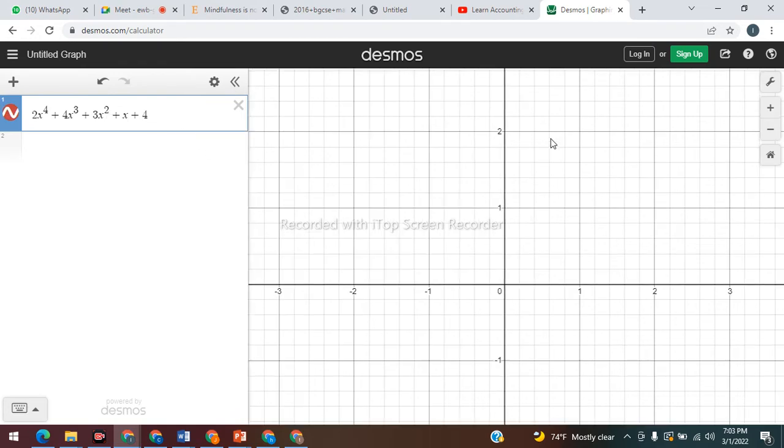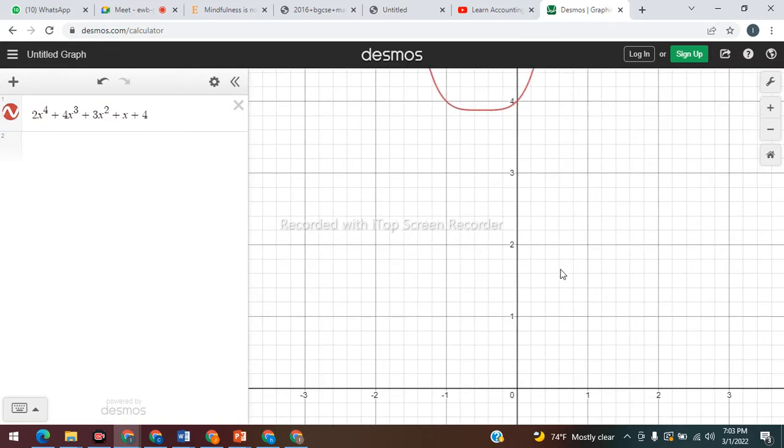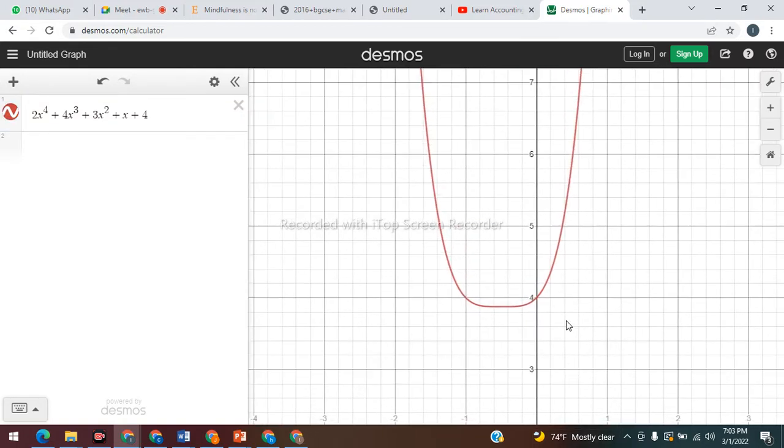See how that looks. Oh, we gotta go up a bit. Okay, you see it's still flat on the edge. It's not like the parabola, which has one vertex. It's flatter.